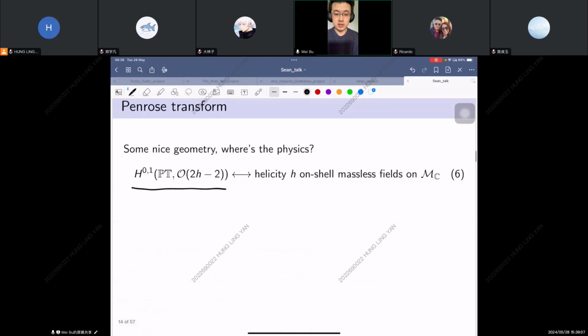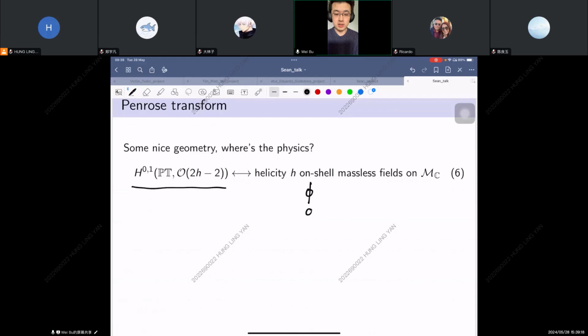So a holomorphic on-shell massless field on complexified Minkowski space, for example a scalar phi, spin 0, a gluon A, spin 1, and the graviton h, spin 2, and so on and so forth, and negative helicities of course. These on-shell massless fields are encoded as sections of H01.